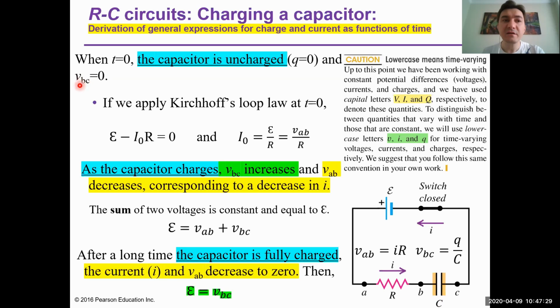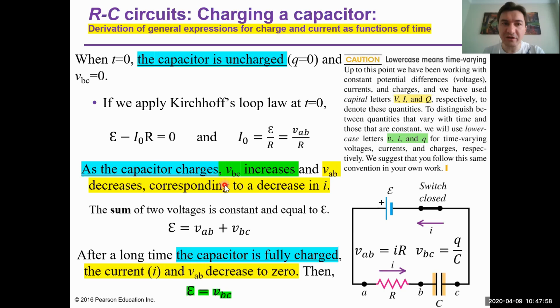And the voltage difference between B and C is also 0, because the voltage difference between B and C is given by charge over capacitance of the capacitor. We have seen this during chapter 24. So since the charge at the beginning is 0, the potential difference between B and C will be 0.